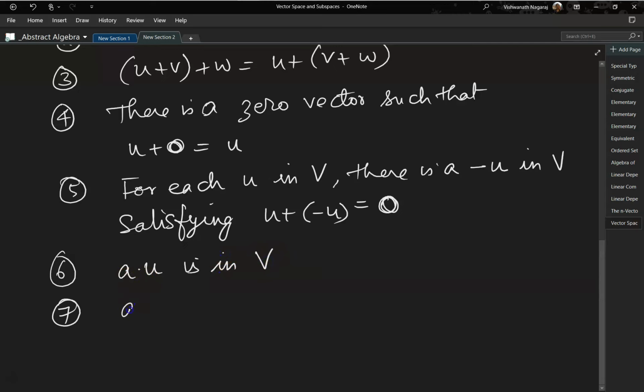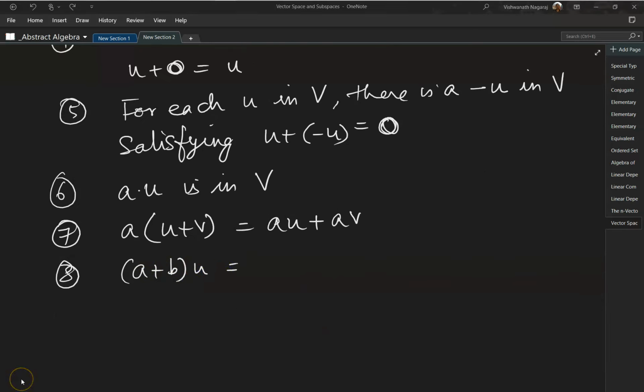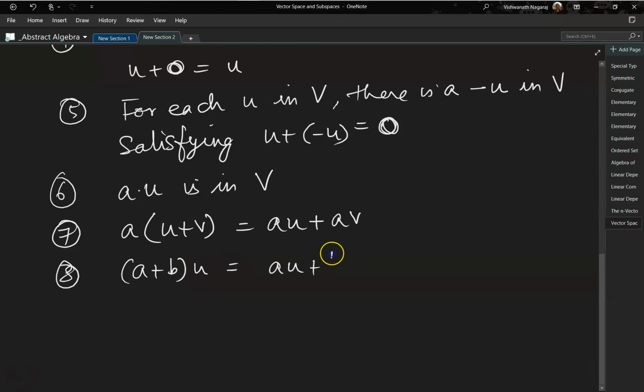Then a times (u plus v) is equal to au plus av. (a plus b) times u is equal to au plus bu. Ninth one, (ab) times u is equal to a times (bu).